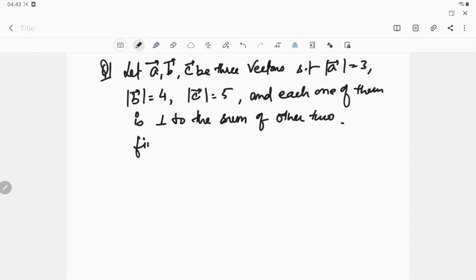Then find the magnitude of A plus B plus C. So this is the question from the book itself.